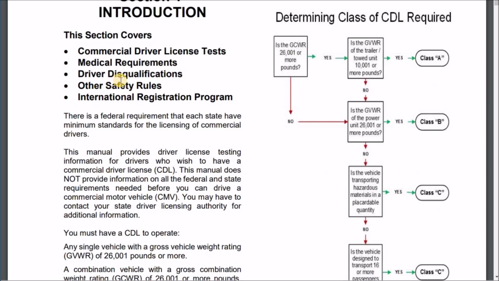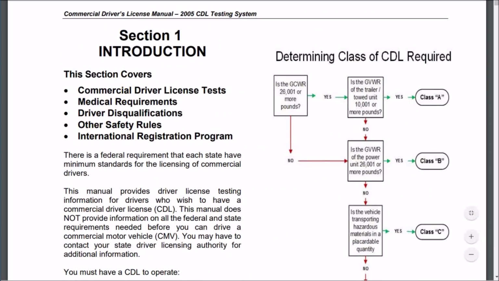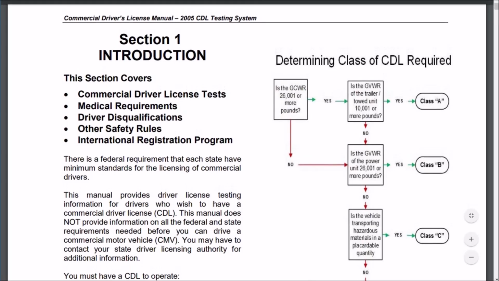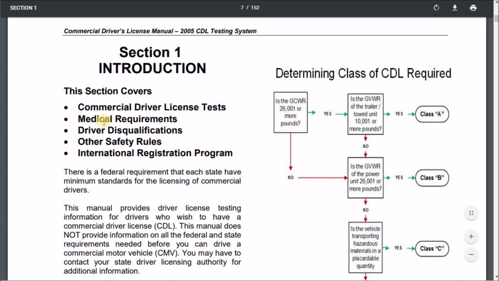Okay, introduction. So your introduction is going to cover essentially what you need to be concerned about.